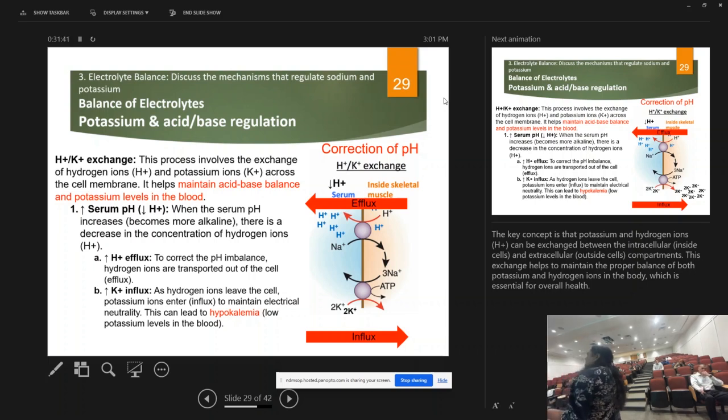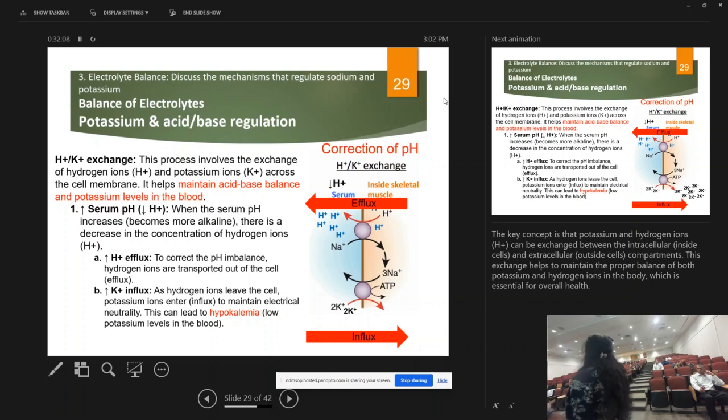Since we are talking about serum pH, suppose the pH is high, meaning protons are low, right? So let's see here. Here the serum pH is high, so you need to bring in more proton, because you need to correct.